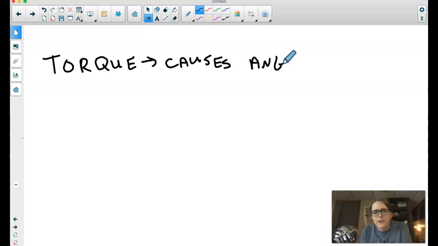So just like forces earlier this year caused linear acceleration, torque is going to do the same thing for angular motion. So, for example, if you in that seesaw balancing act simulation put bricks on just one side of the seesaw, that force would cause the seesaw to rotate, so it was applying a torque.